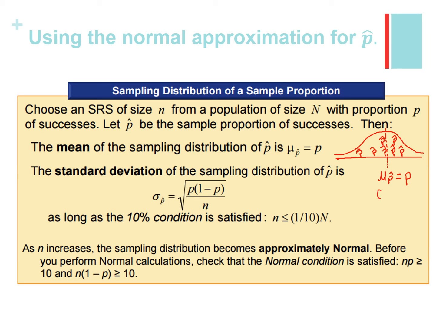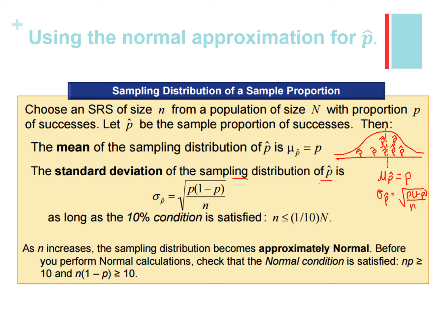The standard deviation of this sampling distribution, so the standard deviation of this specific curve that is made up of a whole bunch of sample proportions, is the square root of p, which is your proportion of successes, times 1 minus p, all over your sample size, which is n. So that's the standard deviation of that specific curve.